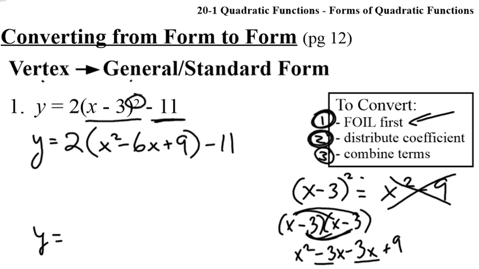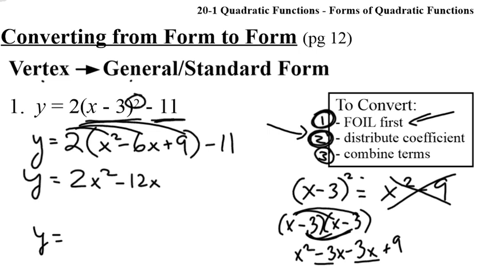Now, like number 2 in our process says, we distribute the 2 that's out front. Y equals 2x squared minus 12x plus 18, and we still have the subtract 11. Last step, combine like terms. X squared and x are not like terms because this is an x squared term.